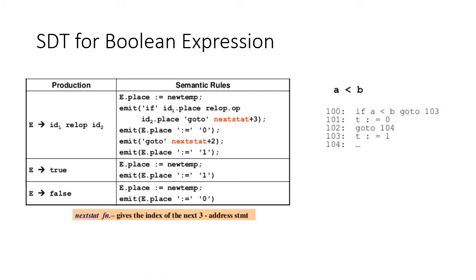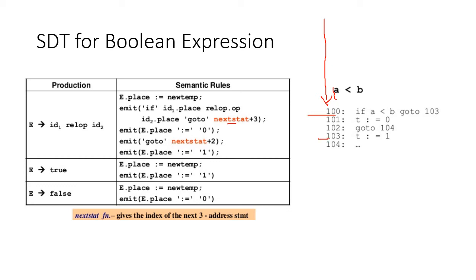For the explanation, these are all the three address statements corresponding to the statements preceding A less than B. Then the next three address statement index is 100. That will be stored in next state, and from this statement, if this expression is true, we have to go to 103.